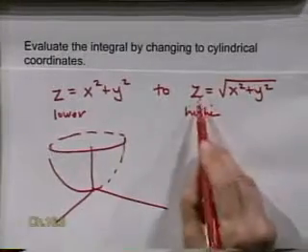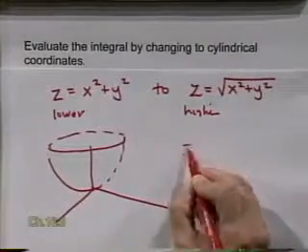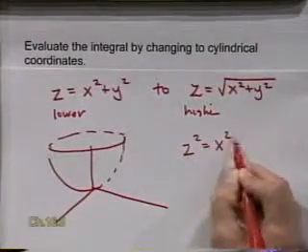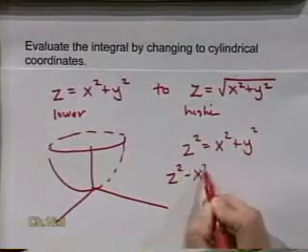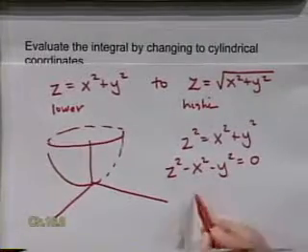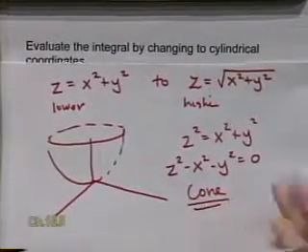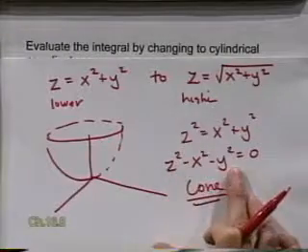What's your upper guy? Your upper guy is z equals square root of x squared plus y squared. To help, square both sides. What's that a graph of? A cone. Remember when you have 0 here and you've got 1 plus and 2 minuses?